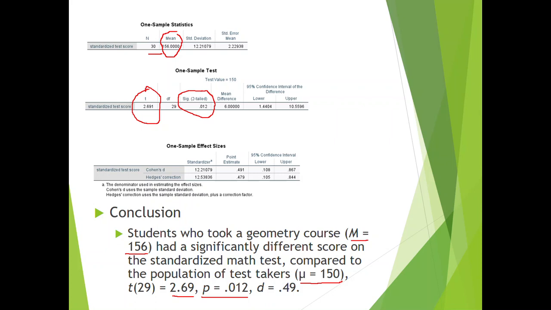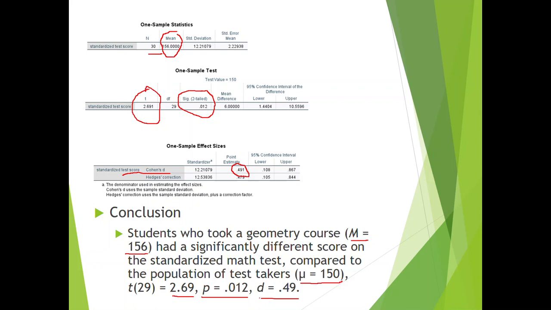But if you do have version 27 and it is giving you the effect size, you'll see down here in this box at the bottom, it has a row for Cohen's d. We're going to take the value that's in that point estimate column. That is our Cohen's d. And we're going to want to report our Cohen's d, or our measure of effect size. Anytime we do have significant results, we're going to provide that measure of effect size.